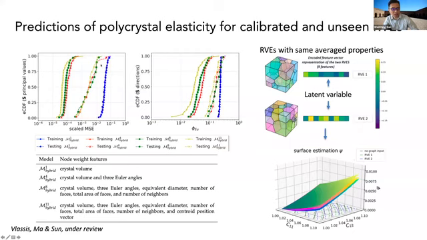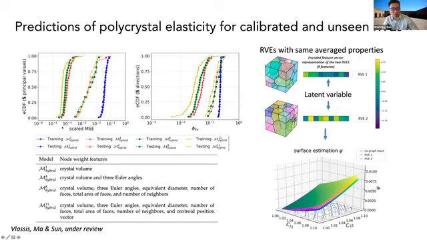Then we see that the blind testing and the training are very similar. When we introduce the Euler angle of the relative orientation of the grain, and those grains are anisotropic, we can see that the graph starts to shift to the left-hand side, which indicates the reduction in the error.